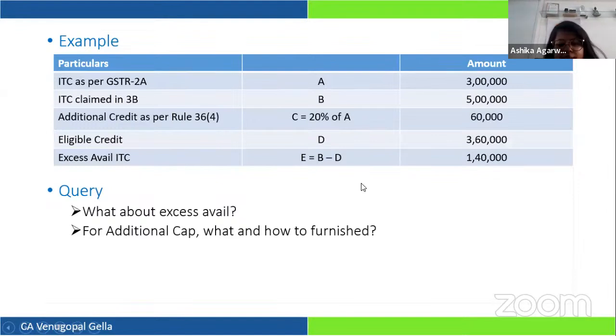Now, as discussed by Venu sir also, this disallowance, though given in the circular, should not be applied, as the circular is clarificatory in nature, though Rule 36(4), when it was introduced, at that time there was no legal backing in the Act. So we are of the view, based on this circular, this excess availed ITC should not be disallowed.